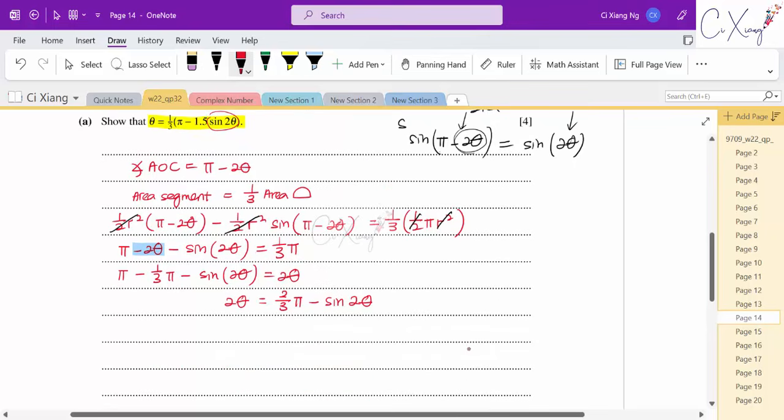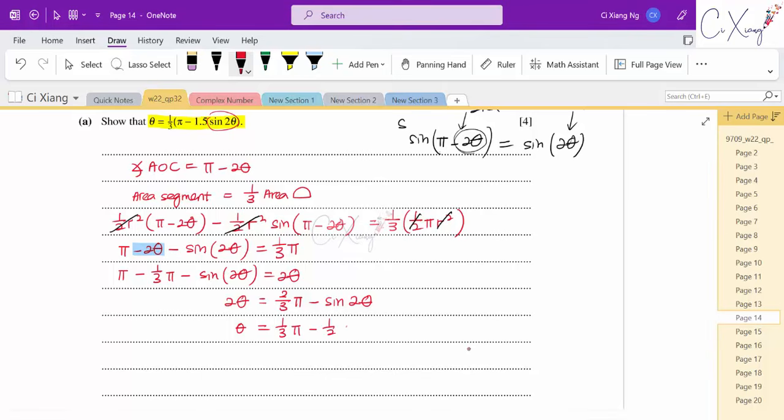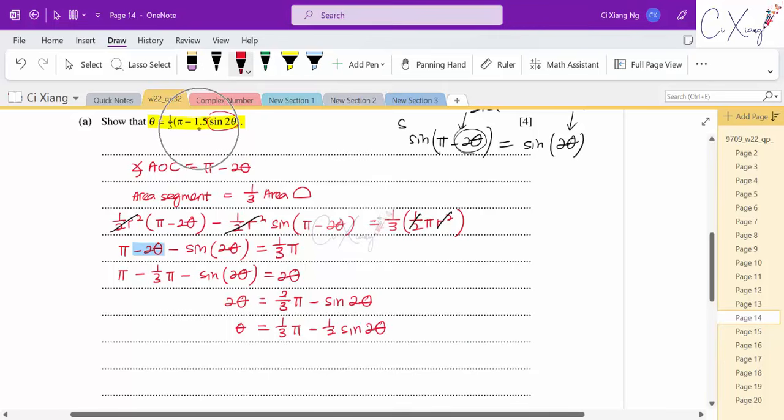Next step, I divide my whole equation by 2. According to the equation that they want us to show, I can see that they factorize out the 1 over 3. If I factorize out the 1 over 3, then my right hand side will have pi, multiplied by the 3 here, 3 divided by 2, I get 1.5, so sine 2 theta.